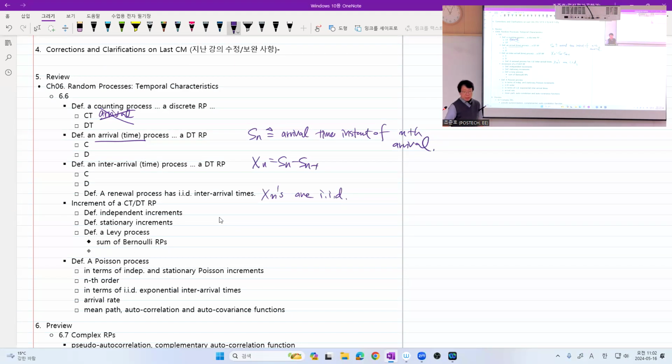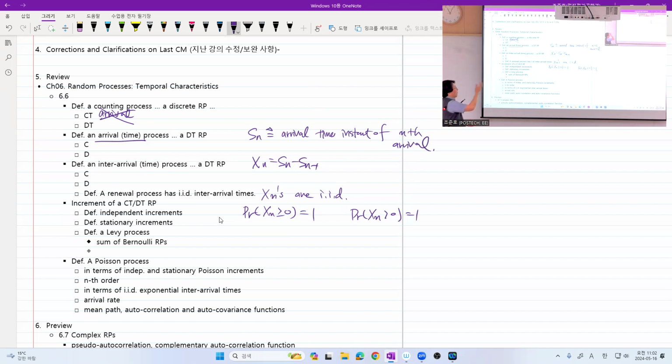Of course, since this is an inter-arrival time process derived from a counting process, these are non-negative with probability 1. Actually, we have to say that if we do not allow simultaneous arrivals, then this is strictly positive with probability 1.